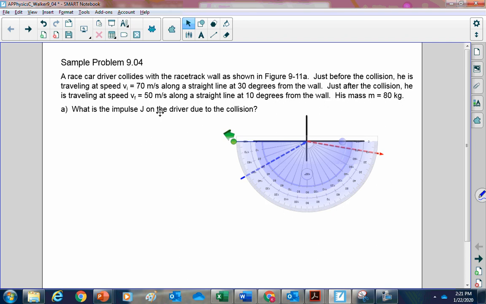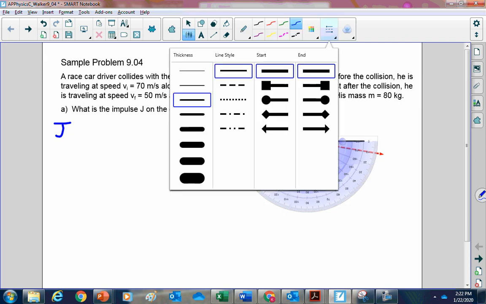So the formula for J is technically the integral of force with respect to time.